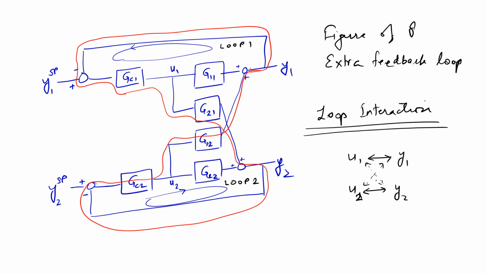Depending on which pairing you use, the cross terms would be different for the 1 1, 2 2 pairing versus the 1 2, 2 1 pairing.